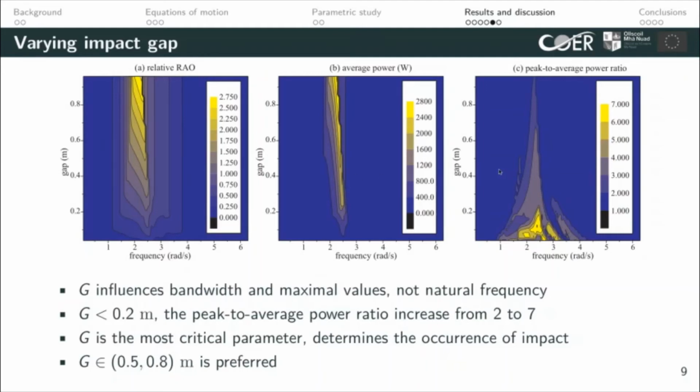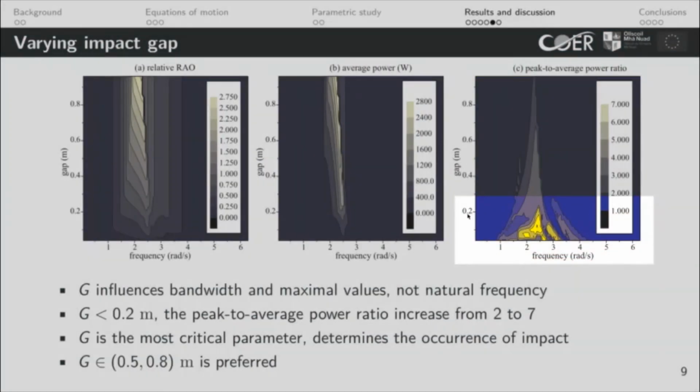It has a huge influence on the peak-to-average ratio, especially when the gap is small. To say, when the gap is smaller than 0.2, the peak-to-average power ratio is amplified from 2 to 7. In this case, several impacts happen in one wave period, which leads to a huge ripple in the power generation.